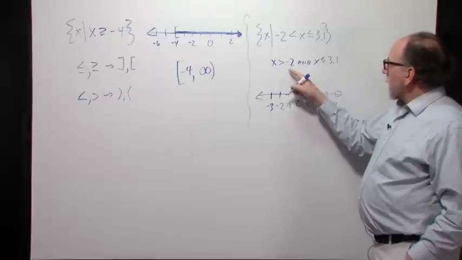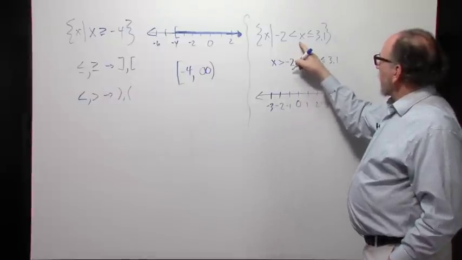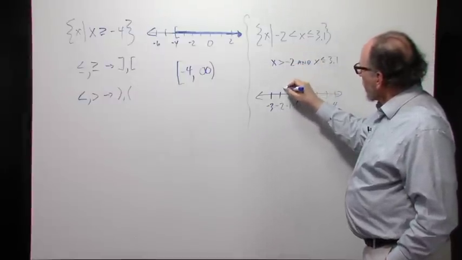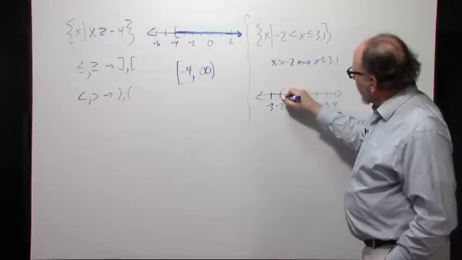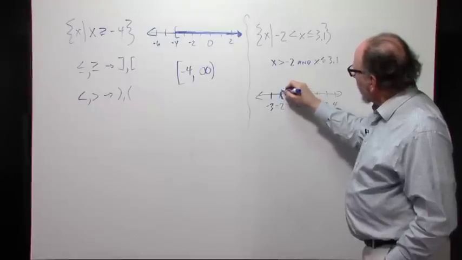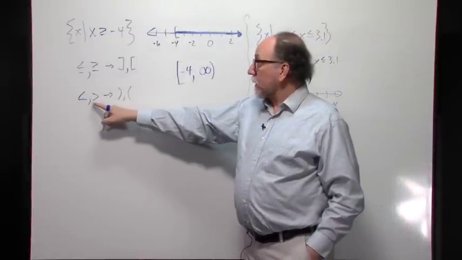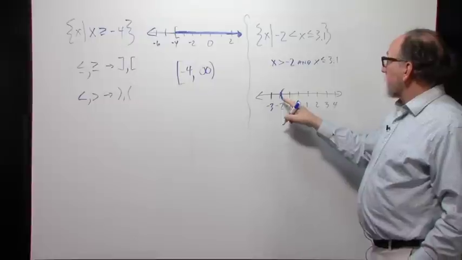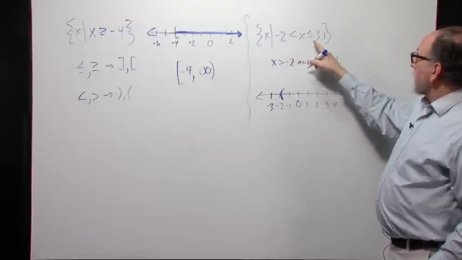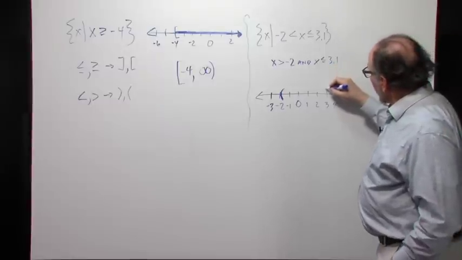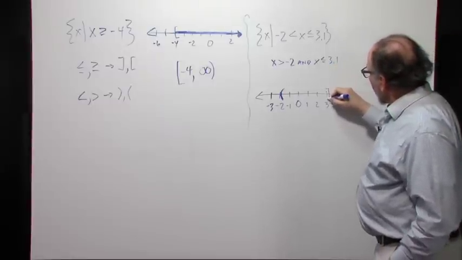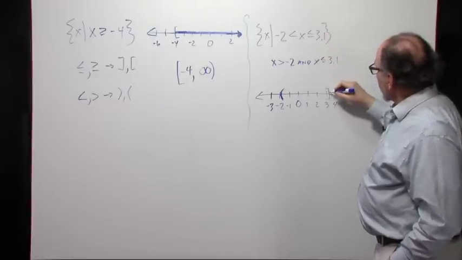Greater than -2, or -2 being less than x here, means the lowest it goes is negative 2. So we're going to put a parenthesis there. Again, we use parenthesis because this said less than or greater than. So it starts at negative 2 and comes up to 3.1. Now, this is going to get a bracket because that's less than or equal to.